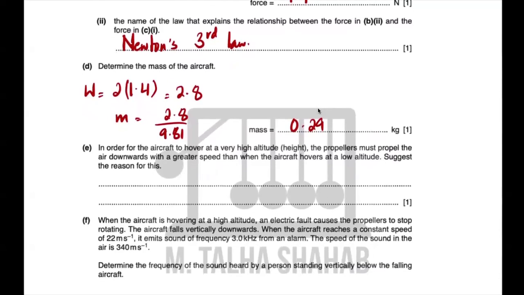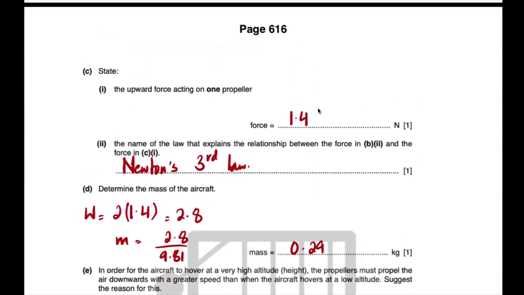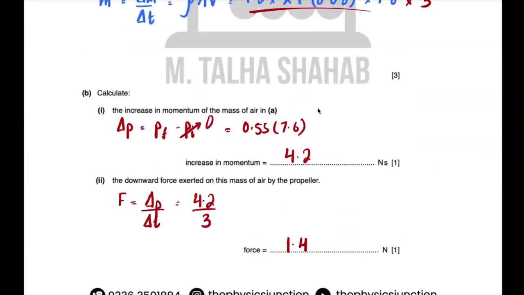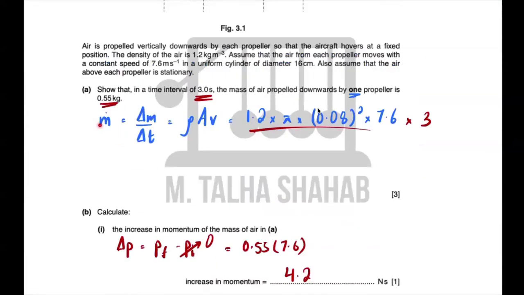In order for the aircraft to travel at a very high altitude, propellers must propel the air downwards with a greater speed than when the aircraft hovers at a low altitude. Suggest the reason for this. Now, suggest is something you need to think about. So for it to hover, the mass flow rate and the force must be the same.